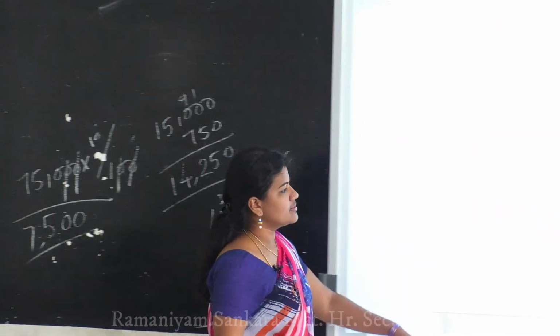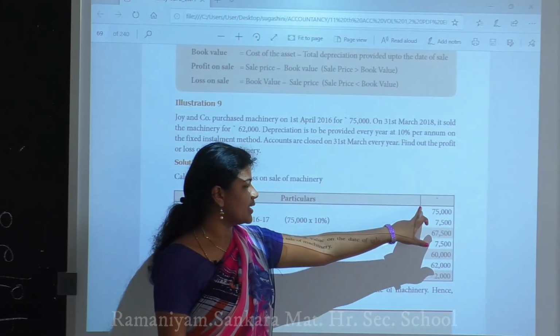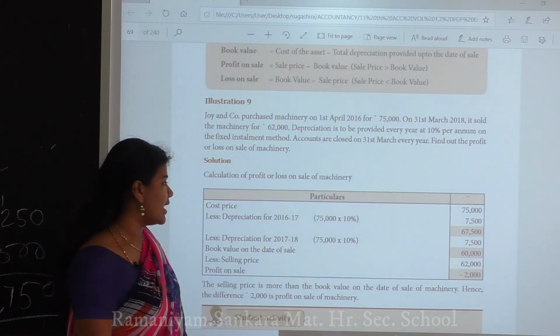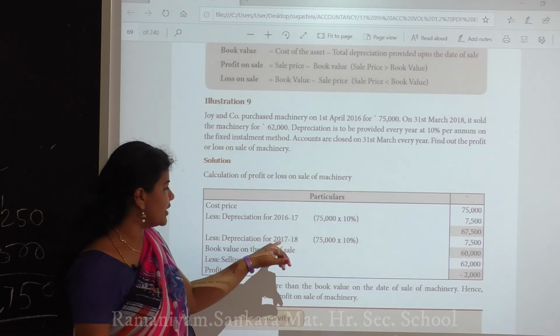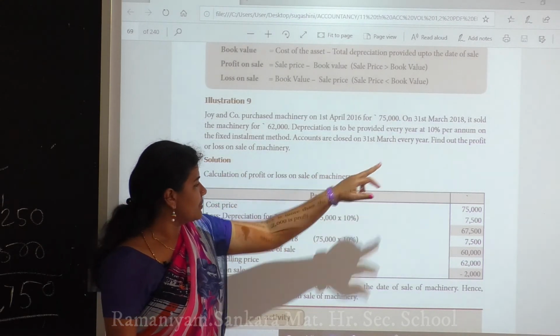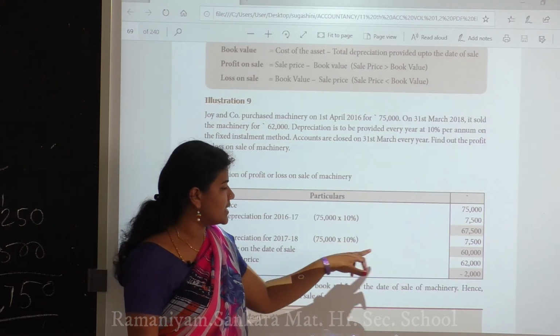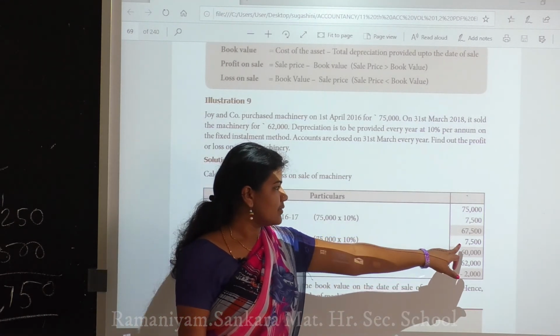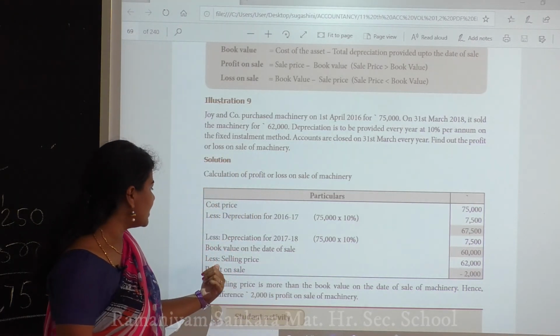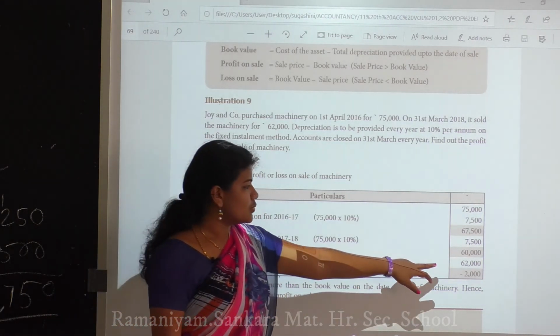So take that 7,500 here: 75,000 minus 7,500 is 67,500. Another thing, depreciation for 17 to 18, the same percentage given here, 10%: 75,000 into 10% is 7,500. 67,500 minus 7,500, so 60,000 comes here. The sale price is 62,000.